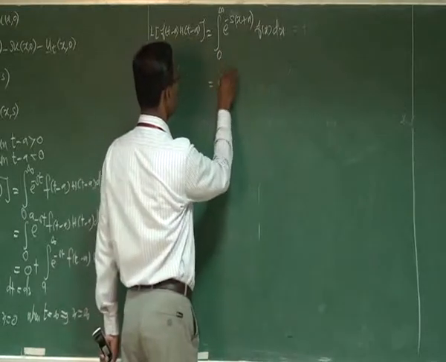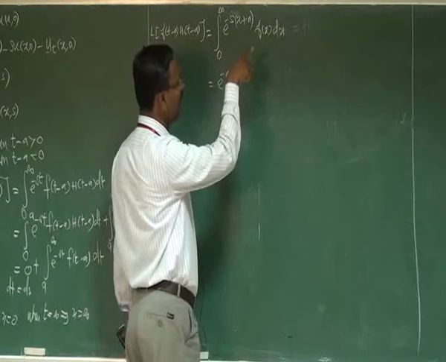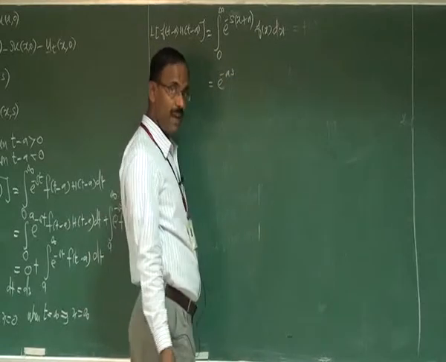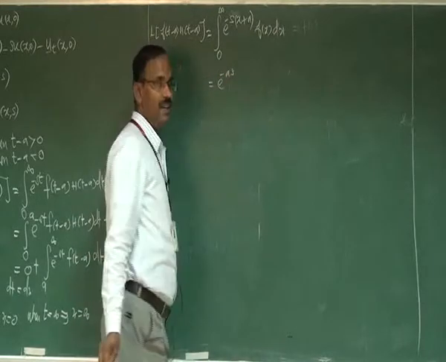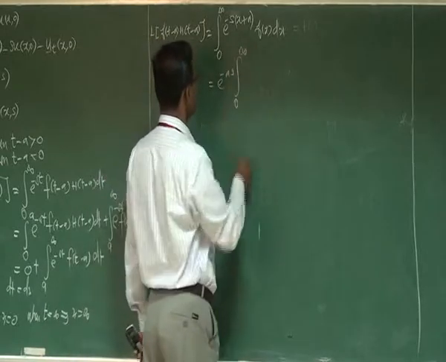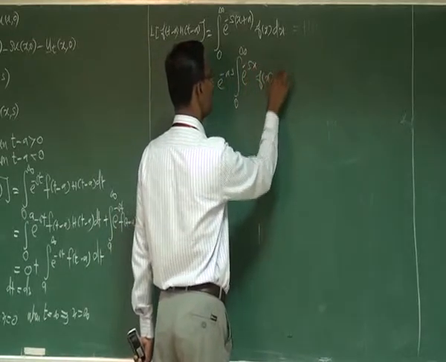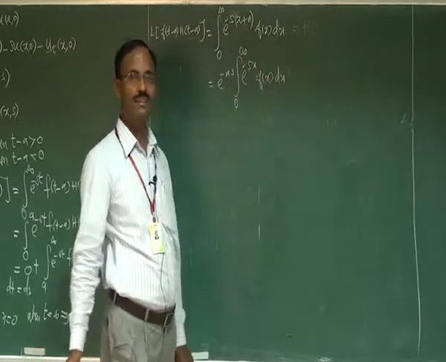So, it is equal to e power minus as, because here integration with respect to x means e power minus as becomes a constant. Therefore, e power minus as times the integral 0 to infinity e power minus sx f of x dx.